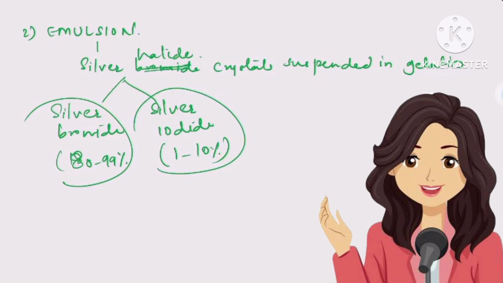Of these, silver iodide is a small amount, and silver bromide is present in the maximum amount. Silver iodide adds sensitivity to the emulsion.